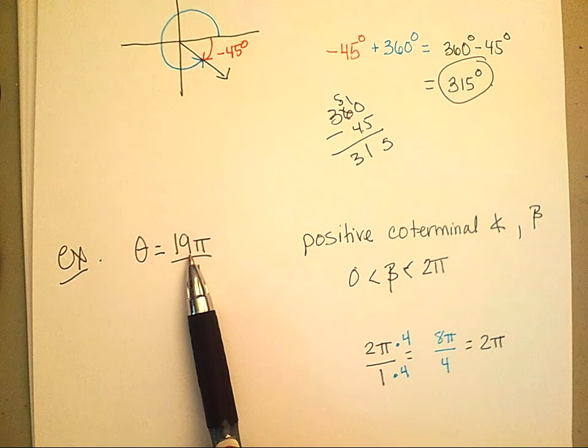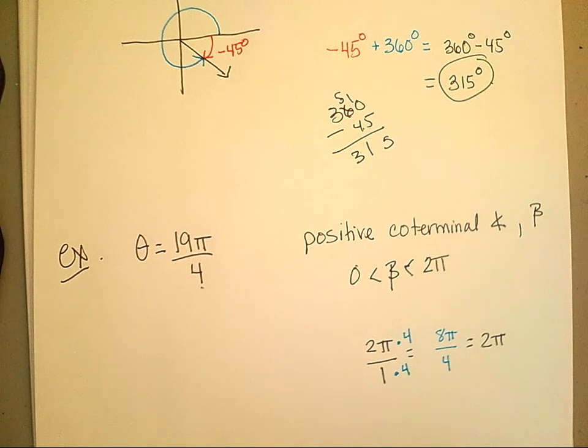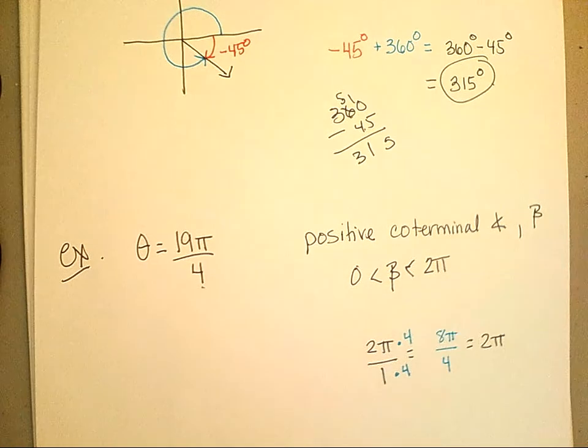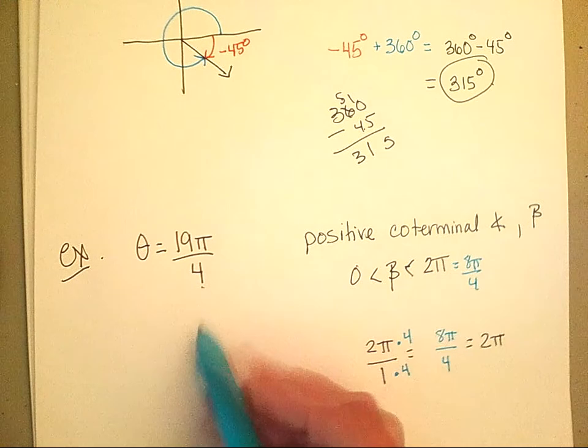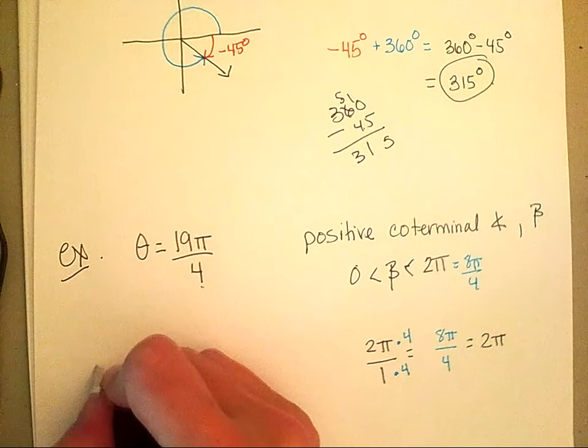So this is much larger than that. And that's how we know that it's not between 0 and 2 pi. So let's just keep subtracting off rotations until we get to a value that's in between 0 and 8 pi over 4, simply because we're given the over 4.